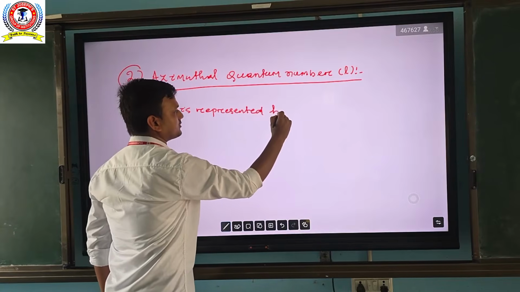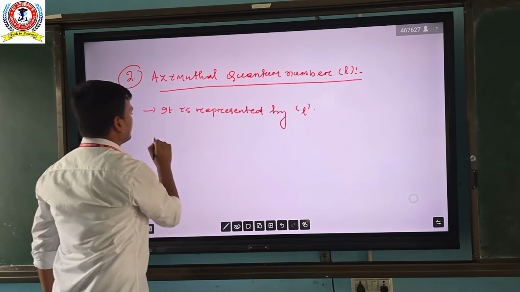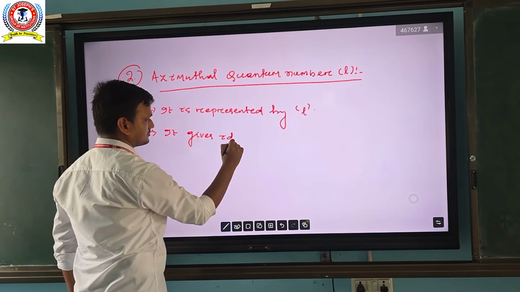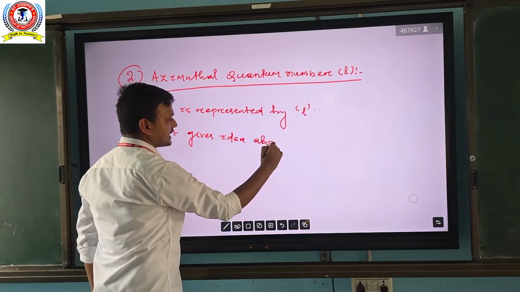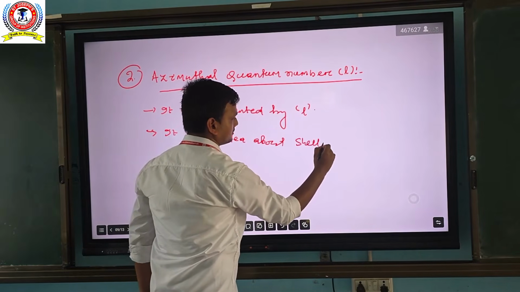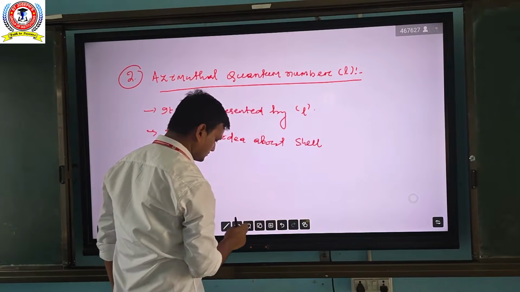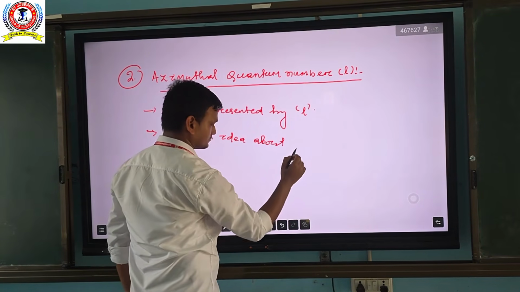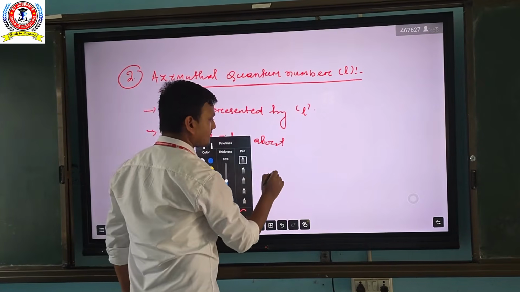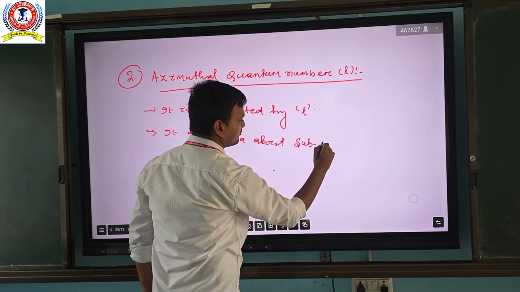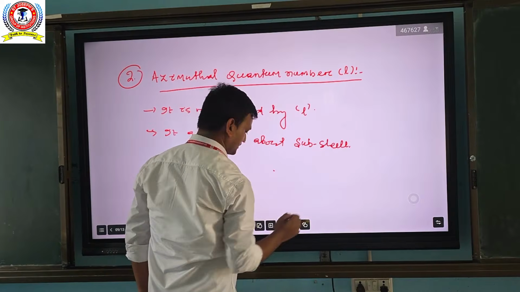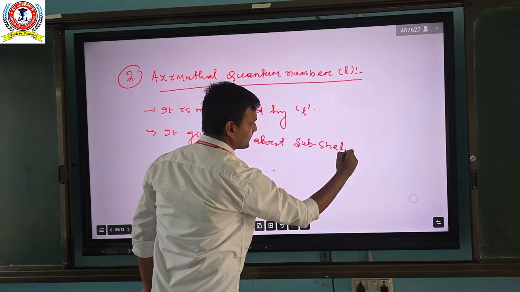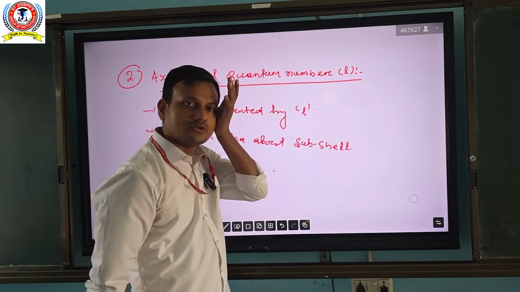It is represented by small n, and it gives idea about subcell.